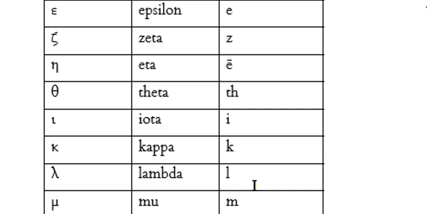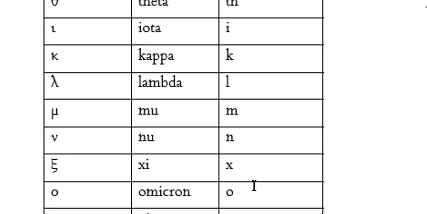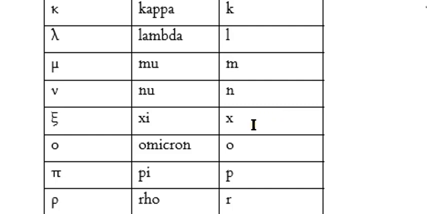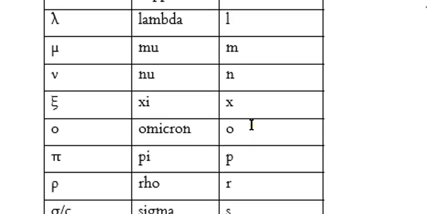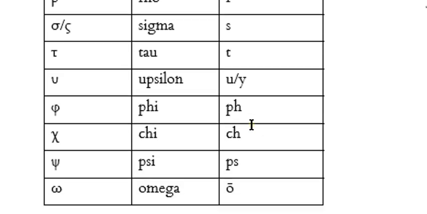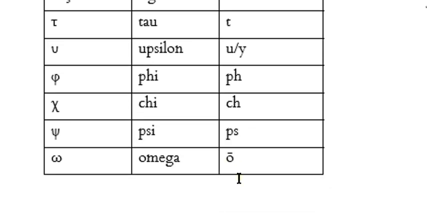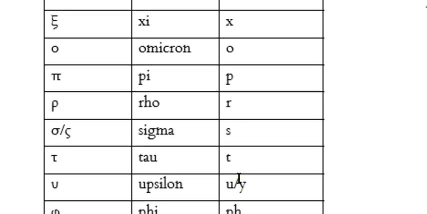Iota is an I. Kappa, K, lambda, L, mu and nu, M and N. Xi is an X, all right? That's an X sound. Omicron is an O, and we want to distinguish that from omega, which is an O with the macron over it. That's a long O. We'll talk about this in just a moment.